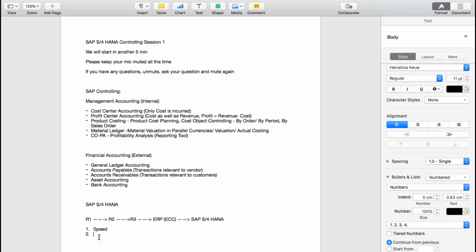Number two is the user experience. User experience means what? The screens that we are using. For example, for the last 20 years, we are using the same screen to do the product costing, like CK11N. Or for the last 20 years, we are using the same transaction to create a purchase order.